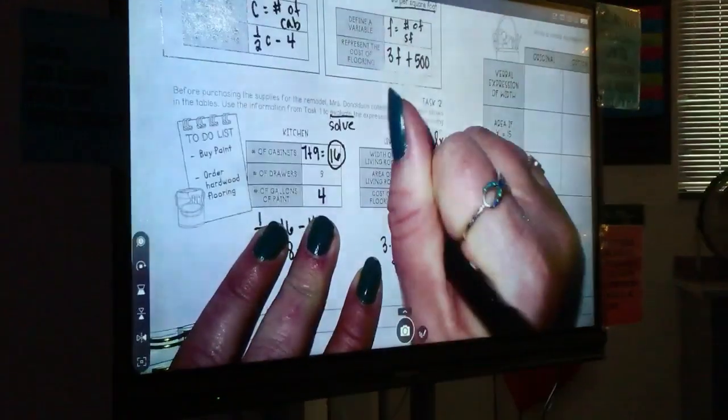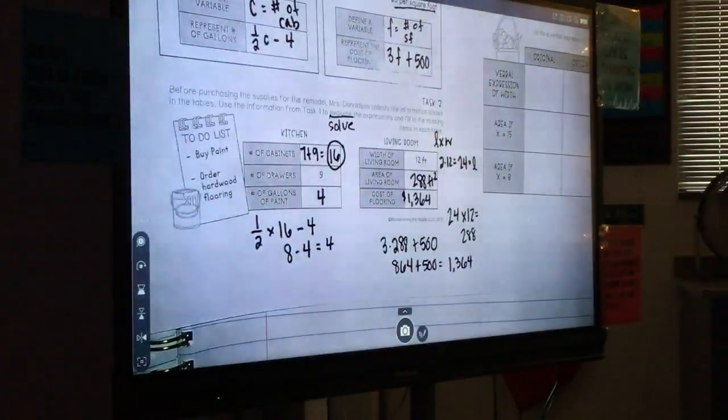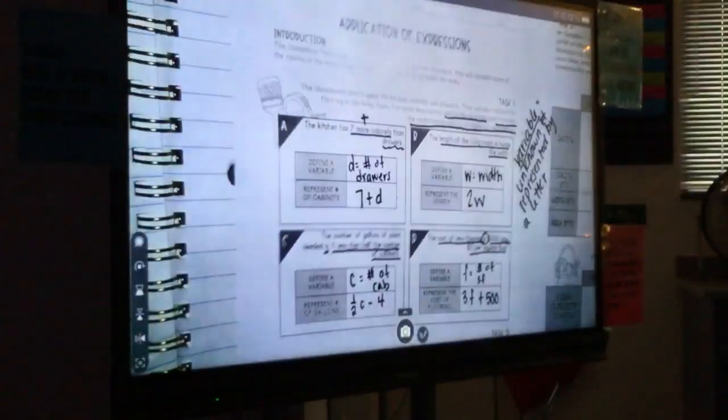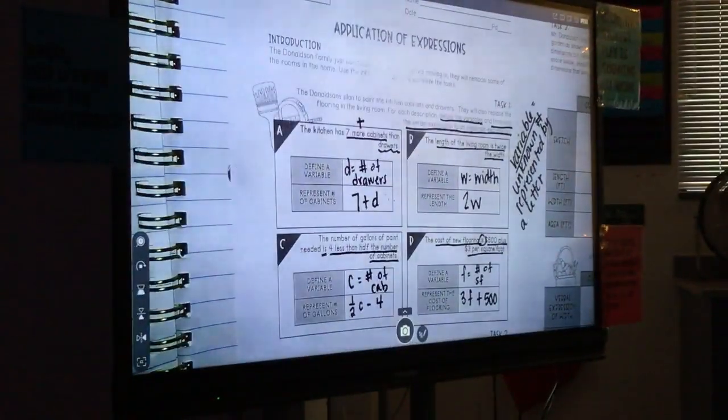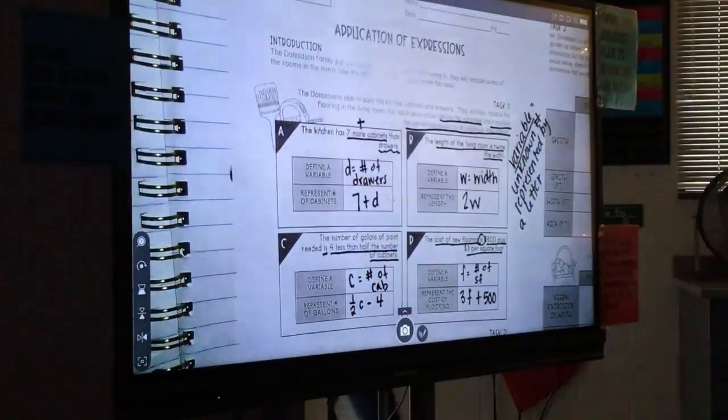Your answer is $1,364. And this is why we are not doing task 3. We can't get past task 1. Glue this into your notebook. Stand up when you have that glued in.